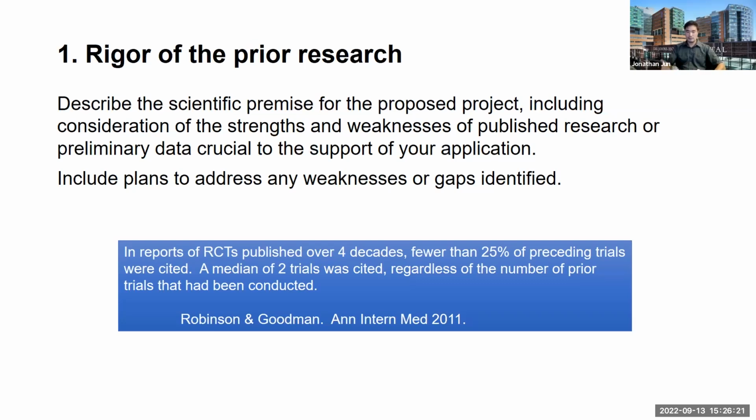An interesting thing that was actually put on the NIH website as an example was a paper that said that in RCTs that were published, many of these trials cited very few studies in their discussion of the results. So that's a lesson of what not to do, right? You want to really be thorough in talking about what has been done in this space before.